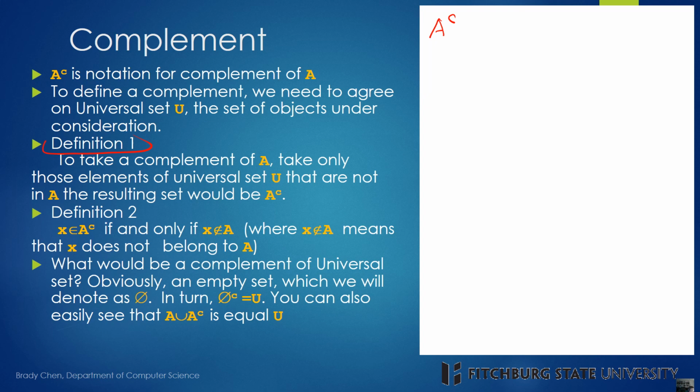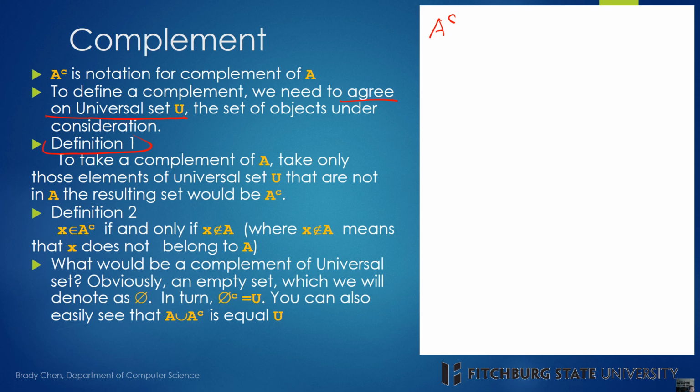So in that case, in order to define a complement, we need to agree on a universal set. What is a universal set? It's the set of objects under consideration. So when we talk about a complement, we have to agree on the set that includes every element we're considering.